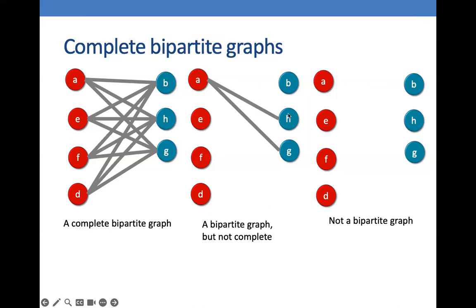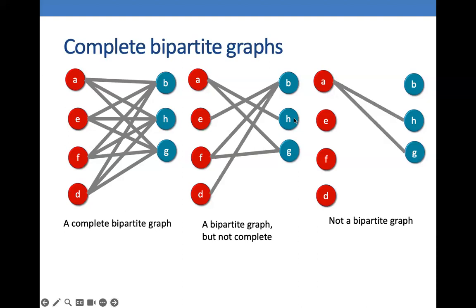A is connected to H and G but not to B. E is only connected to B but not to H and G. F is only connected to B and G but not to H. And D is connected to B but not to H and G. So we can say that this is a bipartite graph since they are disjoint sets and the edges are connecting vertices from the two partitions or two subsets, but they are not complete.